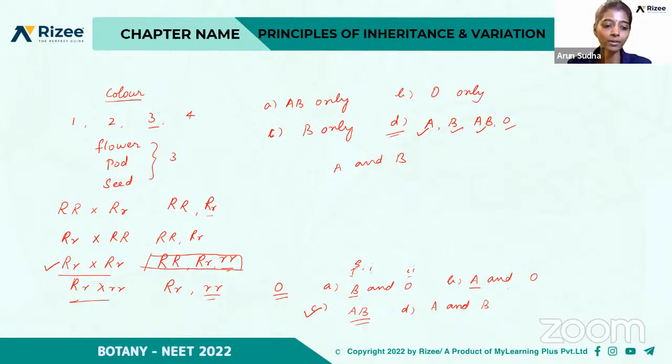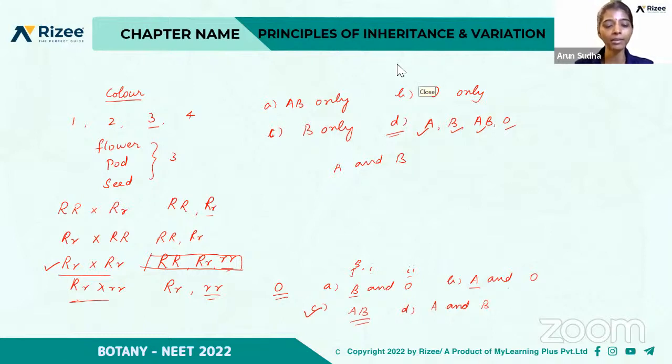Okay. Then the ratio 9:7 is due to: supplementary genes, lethal genes, complementary genes, or epistatic genes. Yes, it is C, that is complementary genes.